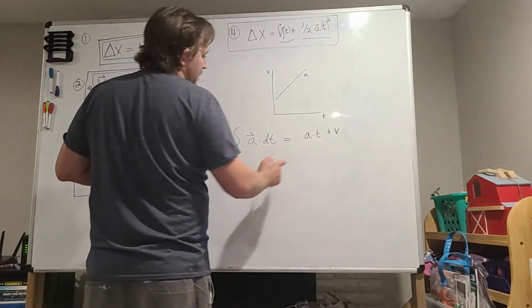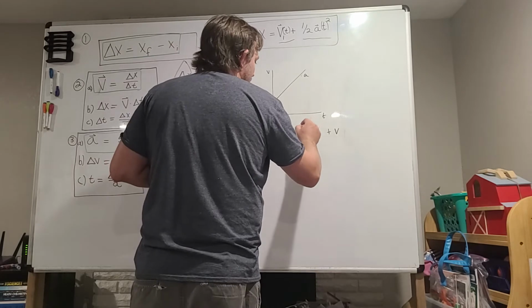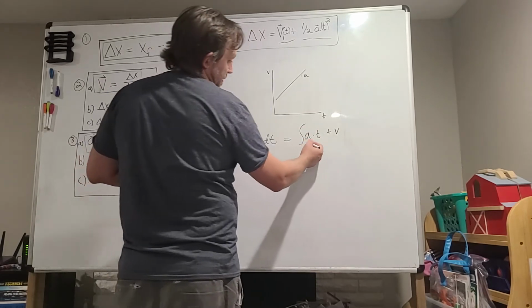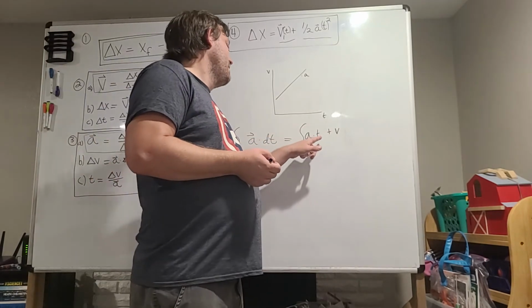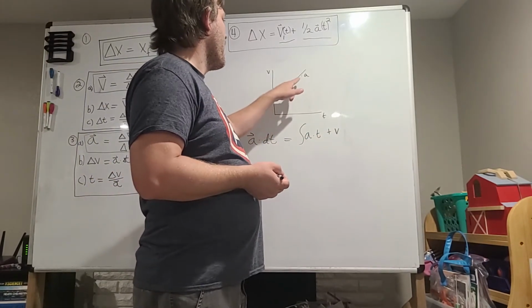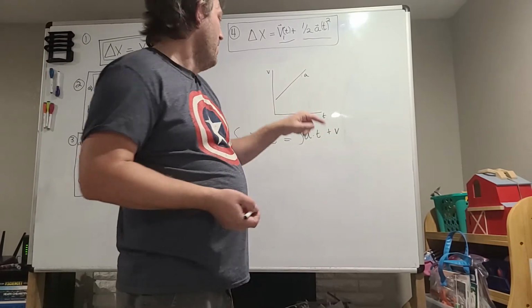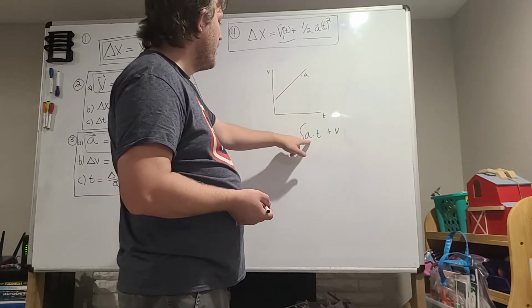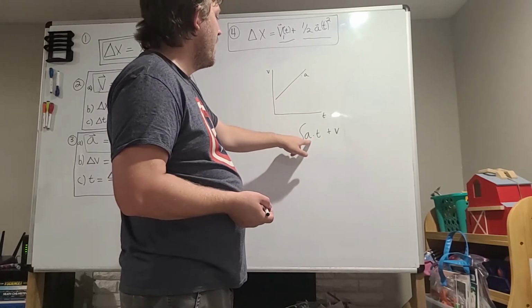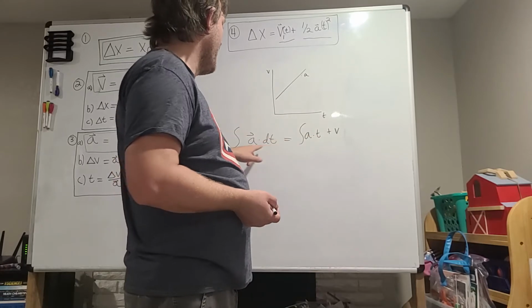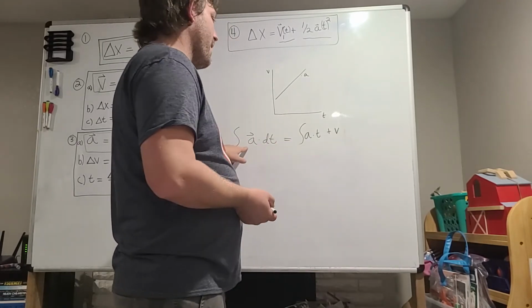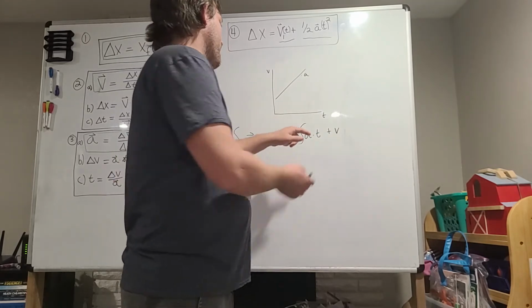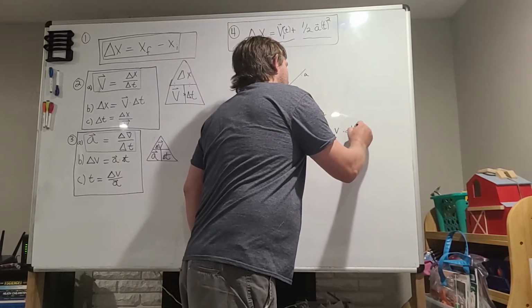So now, what if I were to take the integral of this? What if I want to know the area under the velocity? So basically, if we take the derivative of at plus v with respect to time, we should get acceleration, and v should disappear, right?